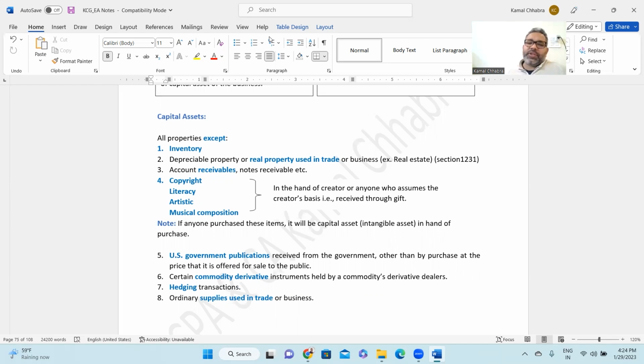For the fourth point, I'm saying specifically that it is not a capital asset in the hands of the creator, or anyone who assumes the creator's basis, received through a gift.